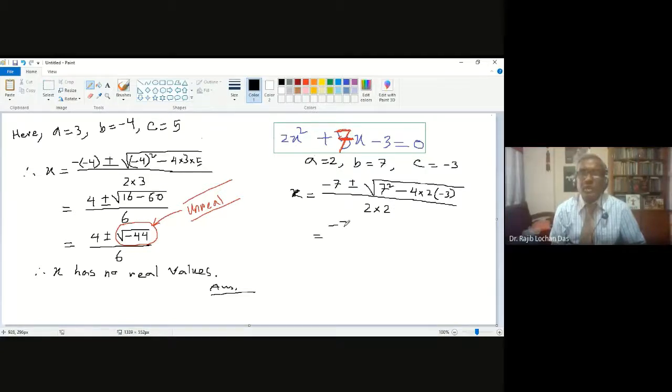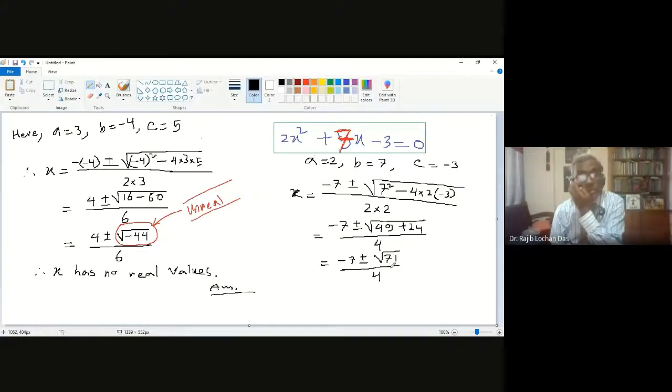So it is minus 7 plus minus root over 49 plus 24, right? Divided by 4. So it will be root over 71.